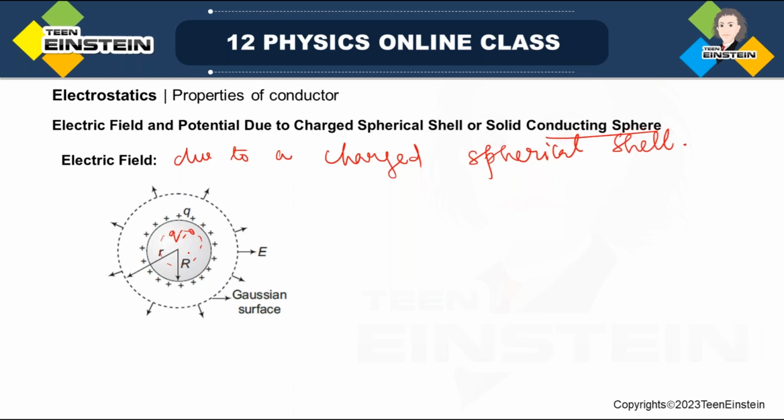So inside the spherical shell, the electric field is zero.